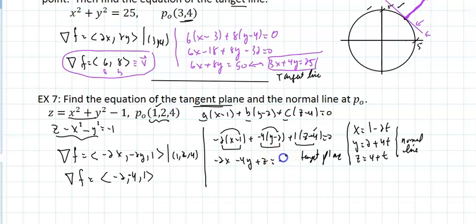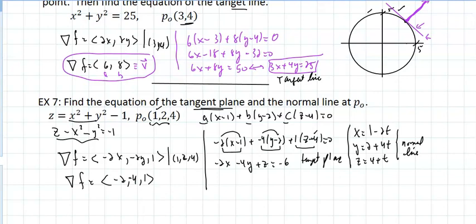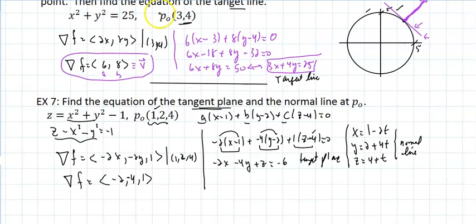When I move that to the other side, that's a -6. So let me see what happens when I graph this. And let's see that really quick. So let me see what I have to fix here. X equals 1 minus 2. So this should be a -4t, and everything else is fine.